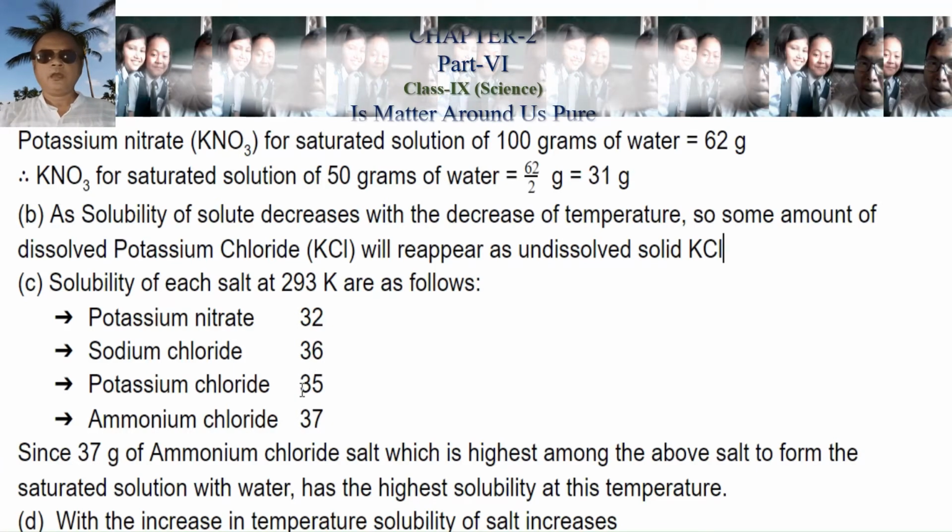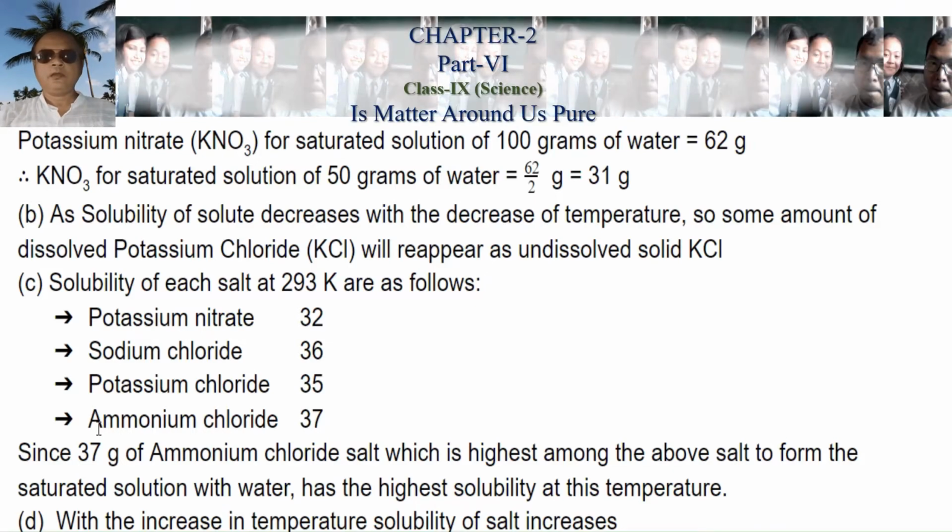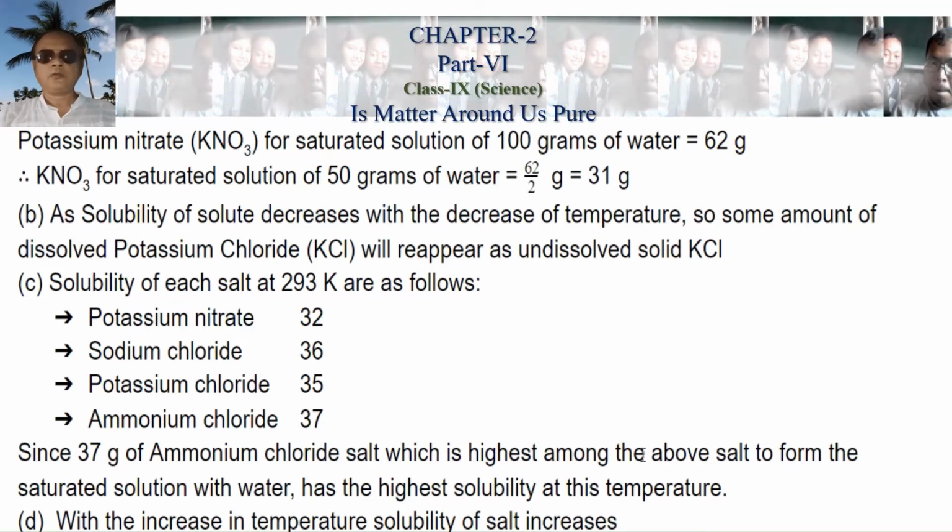Potassium chloride 35 grams in 100 grams. Ammonium chloride 37 grams. So here ammonium chloride is the maximum among the above salts to form a saturated solution with water, and has the highest solubility at this temperature.